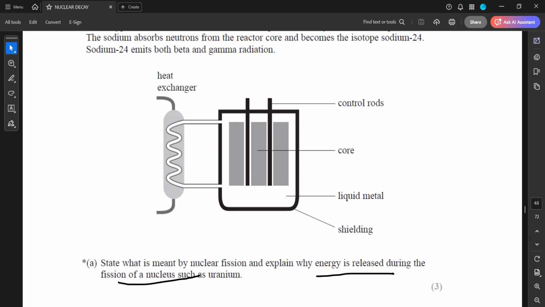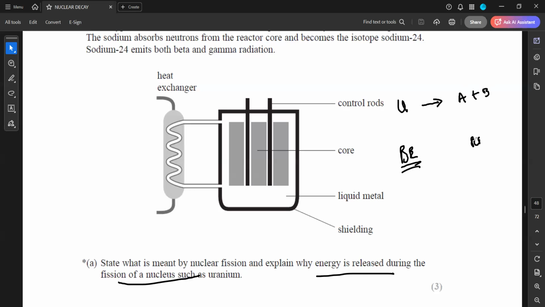When it forms fragments, the binding energy per nucleon increases, because we compare the binding energy per nucleon of the original nucleus which undergoes fission and the fragments which are produced.